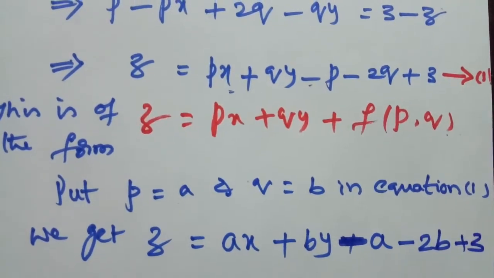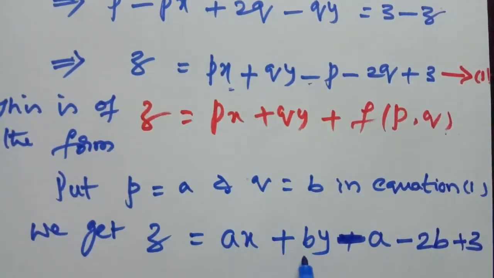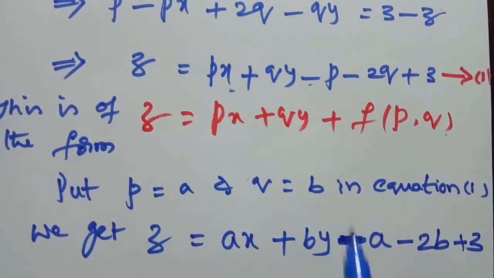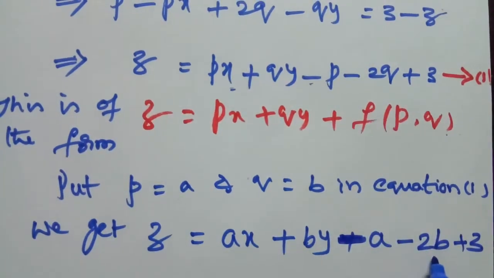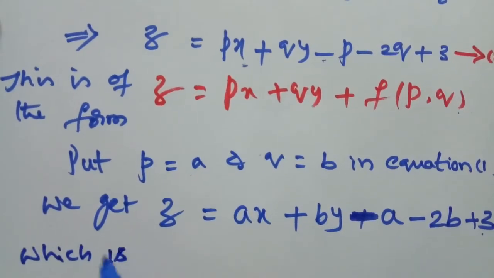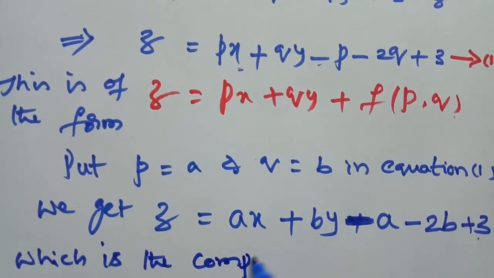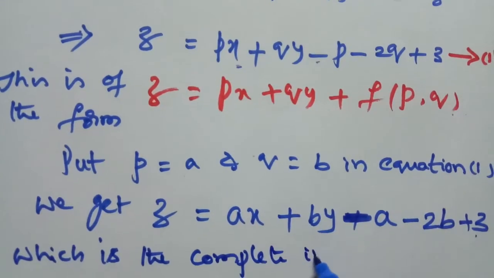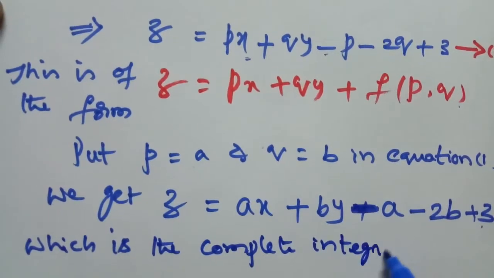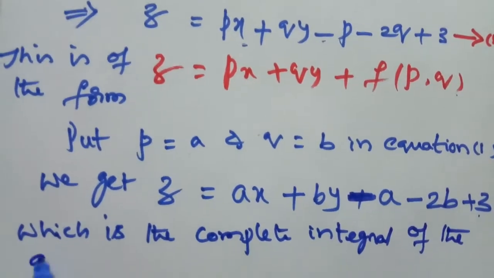We are substituting in equation 1 px, that is ax, qy, that is by, minus p that is minus a, minus 2q that is minus 2b, plus 3, which is the complete integral of the given equation.